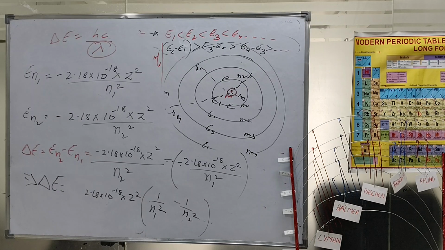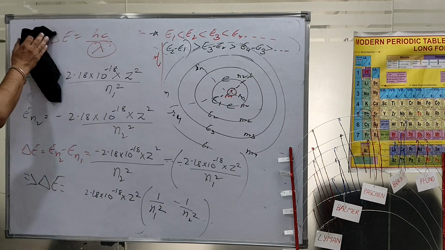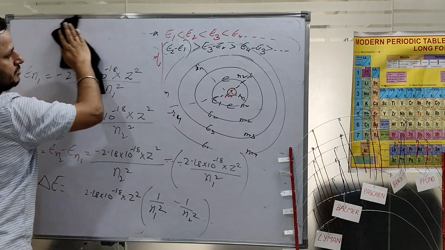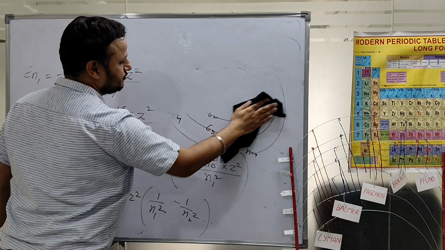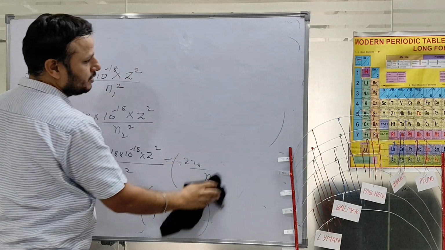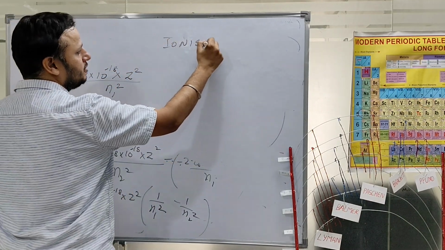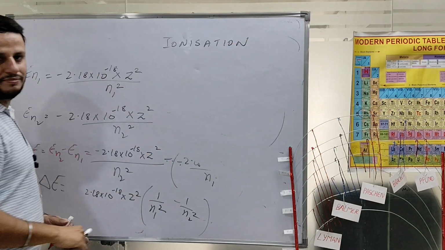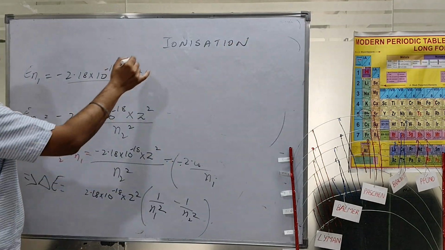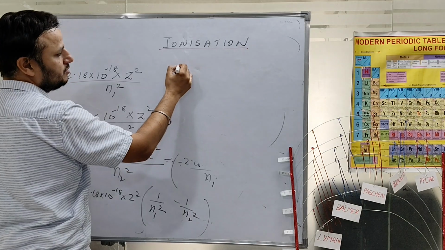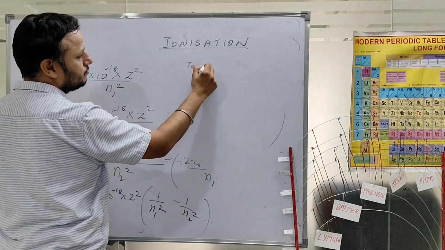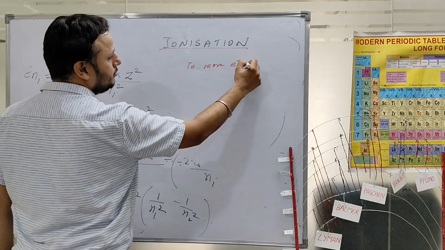So take the screenshot. If the word comes up, there is one word that we will discuss in the next chapter, that is known as ionization. What is meant by ionization? Ionization means to move the electron to infinity.